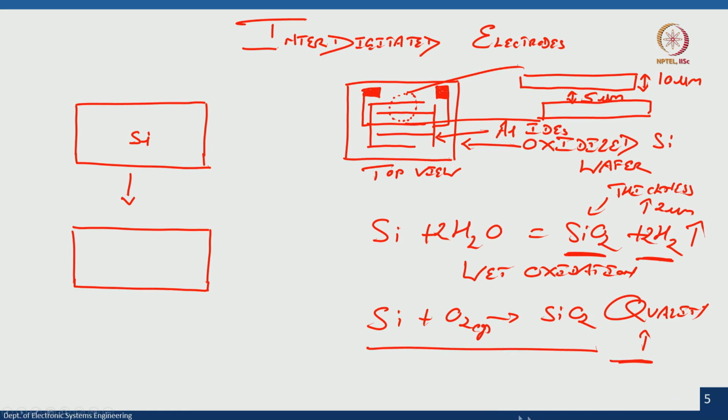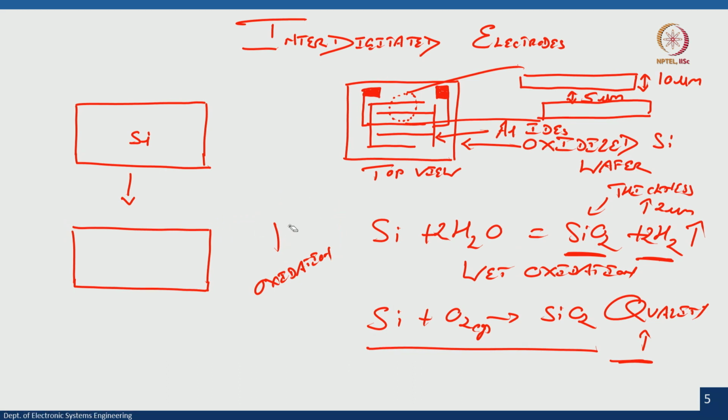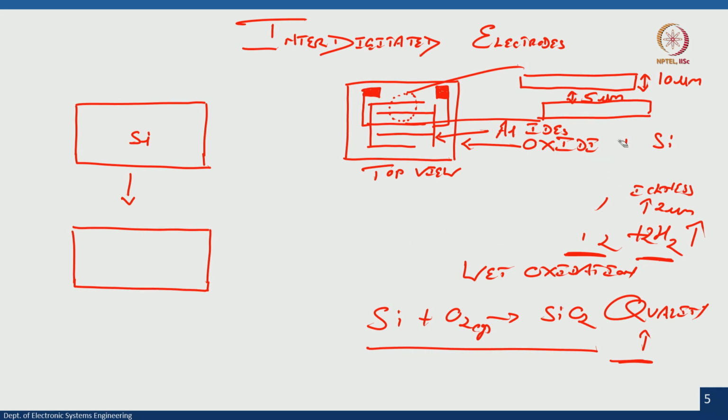So, again, this process is called thermal oxidation. We will look into the thermal oxidation process. Let me erase this because we require this space for our process flow.